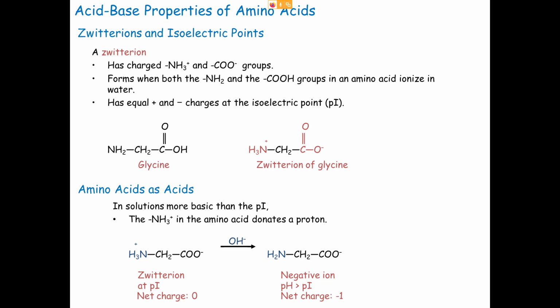If you're more basic than 9, it'll be deprotonated. So the general theme here is if you're at a higher pH or more basic pH than the pKa, then it's going to be deprotonated. If the pH is lower than the pKa, in more acidic conditions, it's going to get protonated, right?